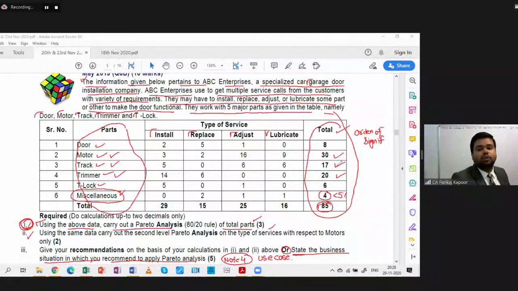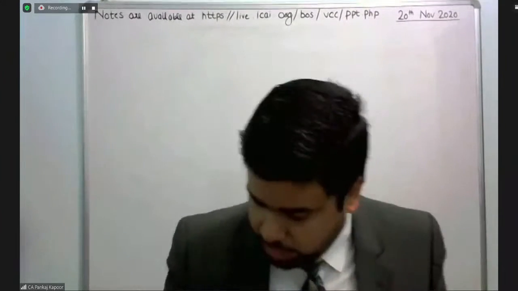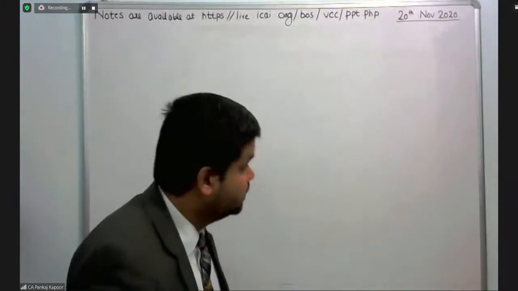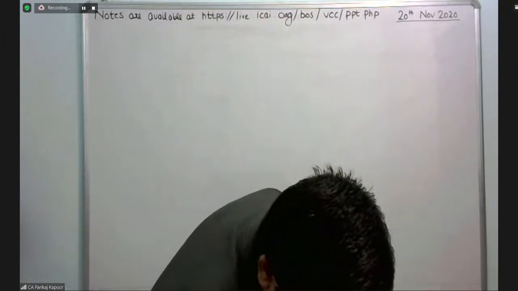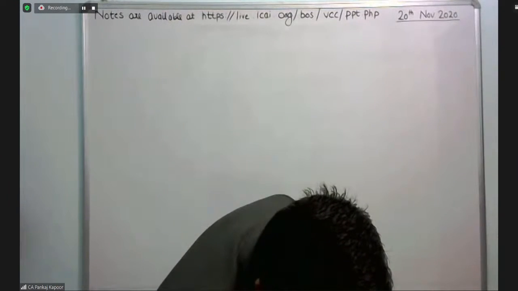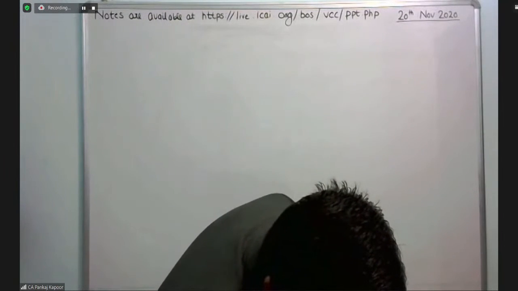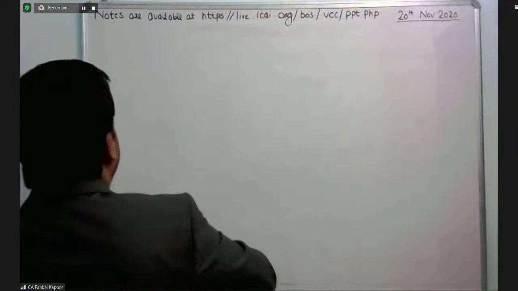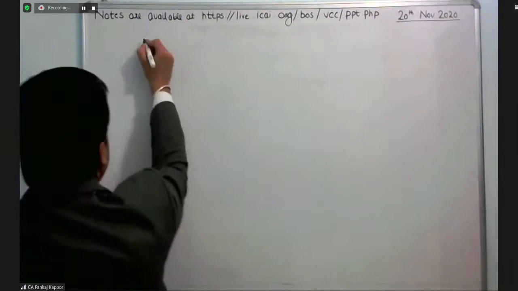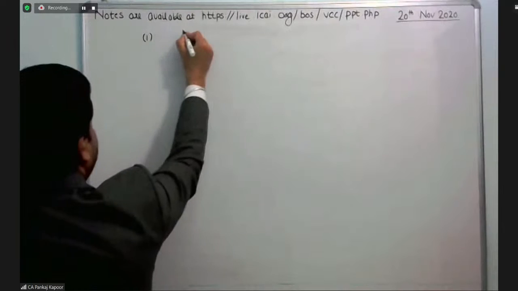I'll take you to the whiteboard in order to solve this question along with me. I hope the board is visible to everyone. Let's move on, friends, so that we can solve. Yes, Chavi's answer is correct. Ravite's answer is also correct. The motor. Let's quickly draw the table. Part one we are solving.